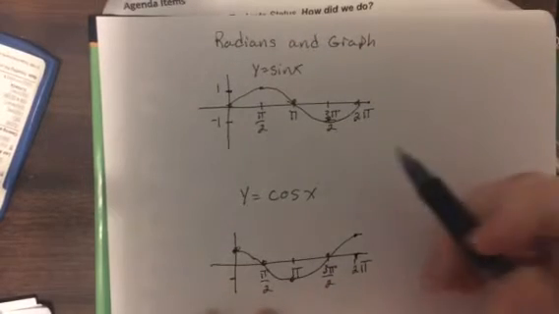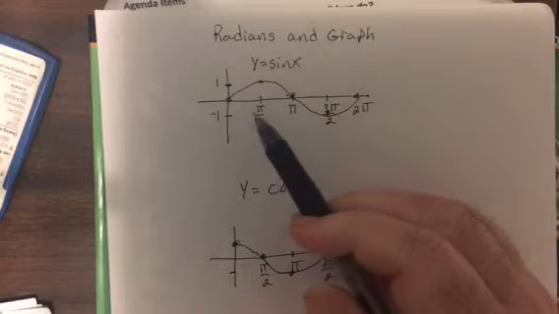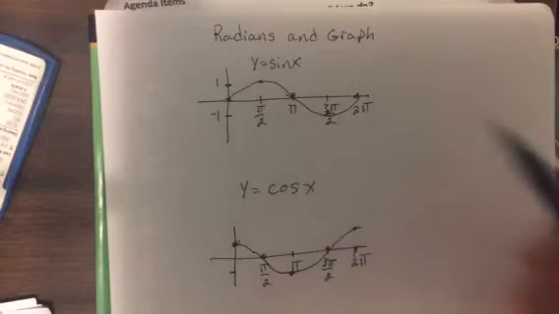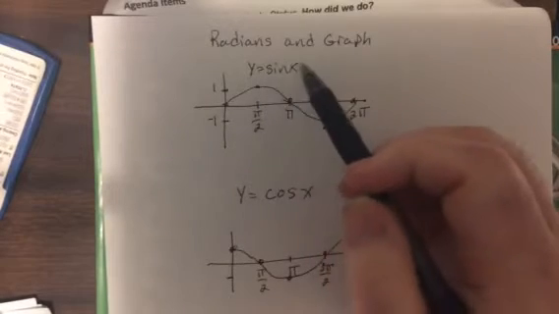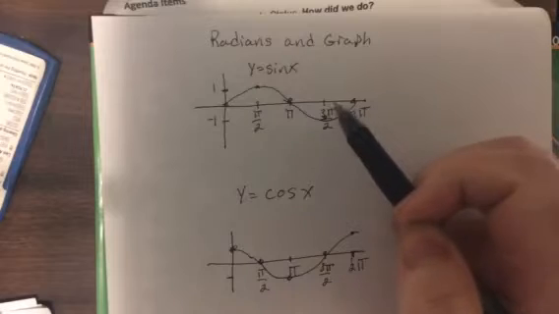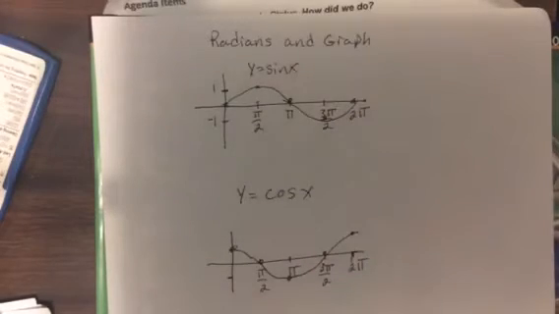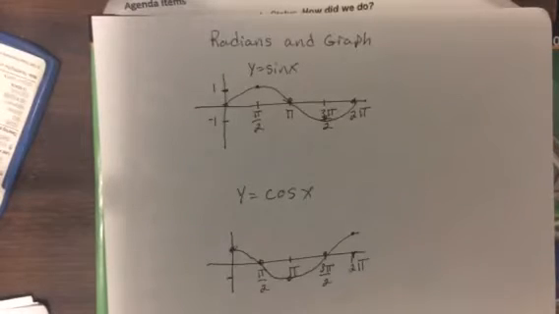Now, if you want to graph in radians, the only thing that changes is the x-axis. Everything else stays the same. So the basic y equals sine x, you start at 0 to 1, 0, -1 and 0. And yes, you may have this next to you on your table when you're taking the test.